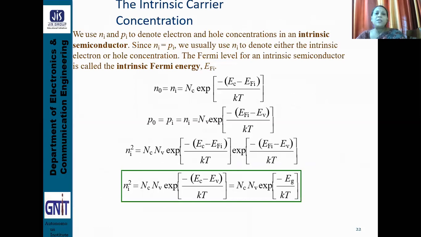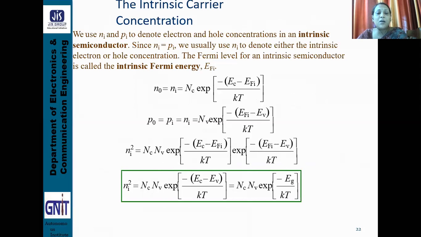So now, what is intrinsic carrier concentration? We use Ni and Pi to denote electron and hole concentration in an intrinsic semiconductor. But for an intrinsic semiconductor, since Ni equals Pi, we usually use Ni to denote either the intrinsic electron or hole concentration.